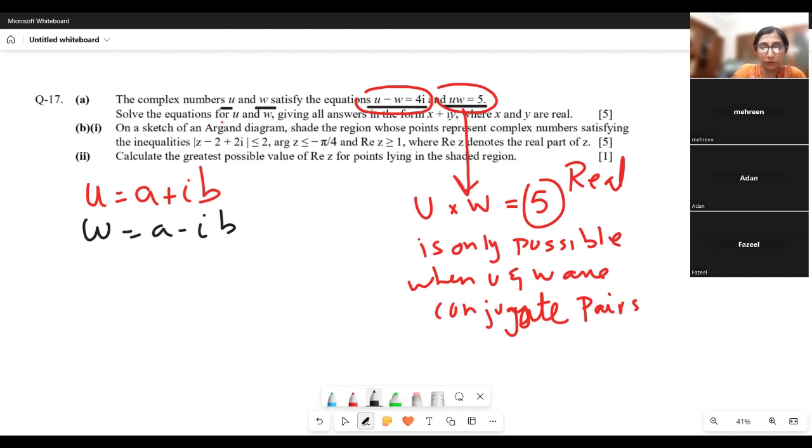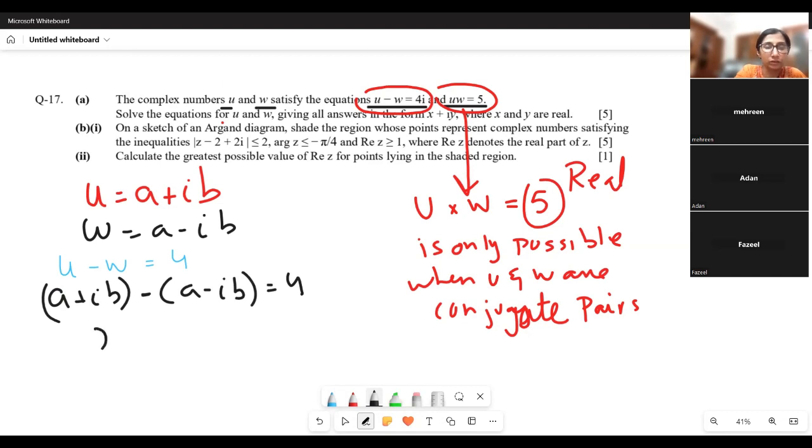All right, I'm going to substitute these in the given two equations. One is u minus w is equal to 4. Let's do that. u is a plus iota b minus a minus iota b equals 4. So we get 2 iota b equals 4. So b equals 2 upon iota. But we can't have an iota in the denominator.